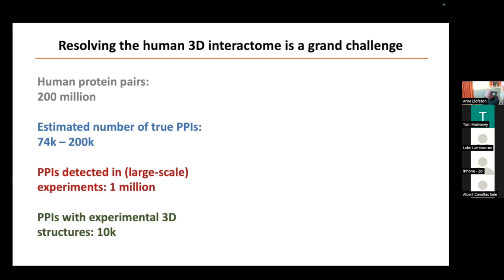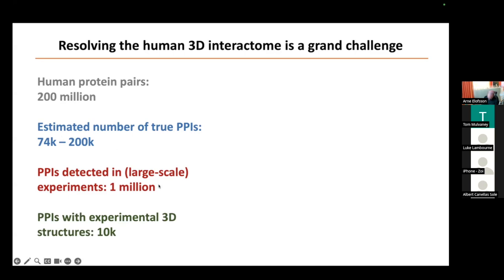Because proteins are sticky, especially when you put them in non-physiological conditions. For example, if you do crystallography, then many proteins will form a crystal, although they don't really self-associate in physiological conditions. This sticky nature of proteins makes experimental PPI study very challenging, and the experimental data set is rich in noise.